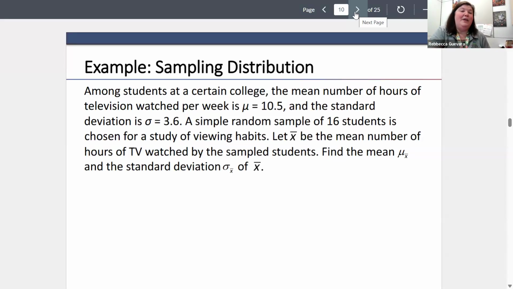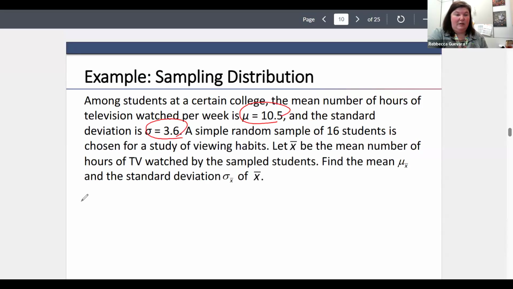Just for practice, we're interested in figuring out, if we had a sampling distribution, what the mean and standard deviation would be. Among a certain college, the mean number of hours of television watched per week is 10.5 hours, and the standard deviation is 3.6 hours. So mu is 10.5 and sigma is 3.6. Once again, this is just looking at individuals.